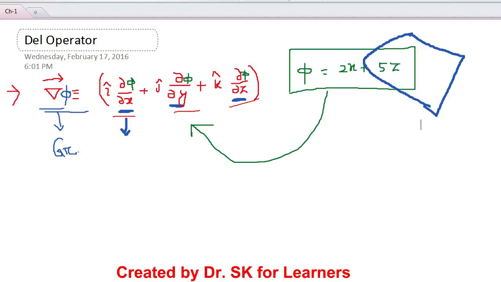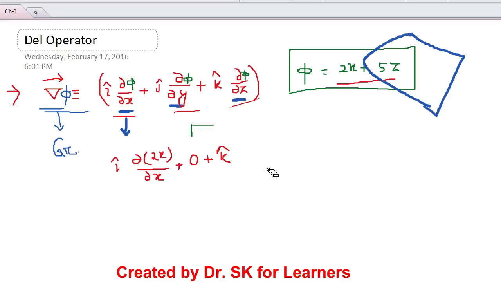So what you will be doing here is you will be writing i cap del 2x by del x, plus there is no component of y here, so everything is 0, plus k cap, and there is a component of z called 5z.